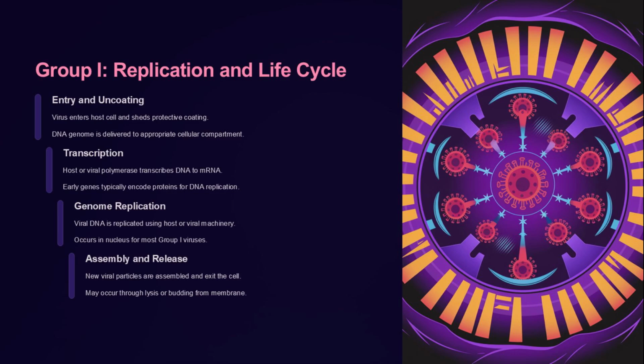The viral DNA is then replicated using the host or viral machinery, usually occurring in the nucleus for most Group 1 viruses. Finally, the new viral particles are assembled and exit the cell, either through lysis or budding from the membrane. The animated diagram helps visualize this step-by-step process.